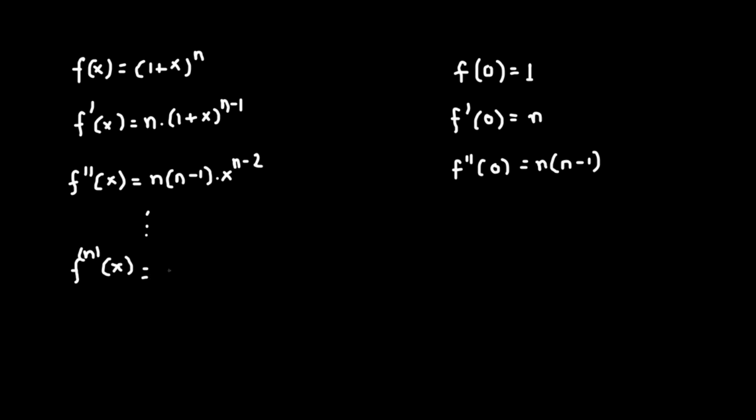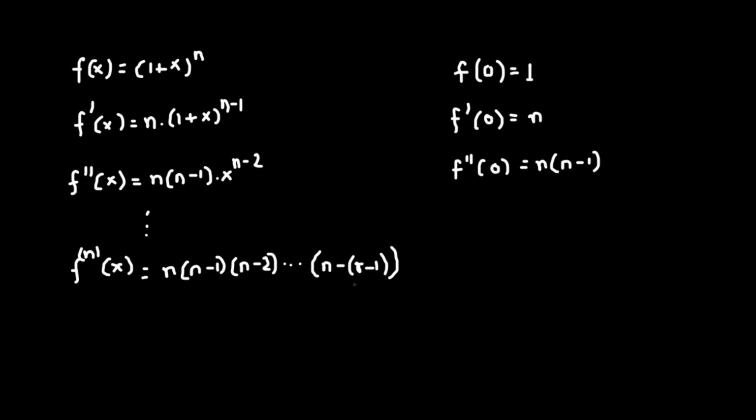That should be of the form n times n minus 1, n minus 2, all the way up to n minus r plus 1. We have started from n minus 0, so we have to terminate at n minus r plus 1, which means we are at the rth term here.